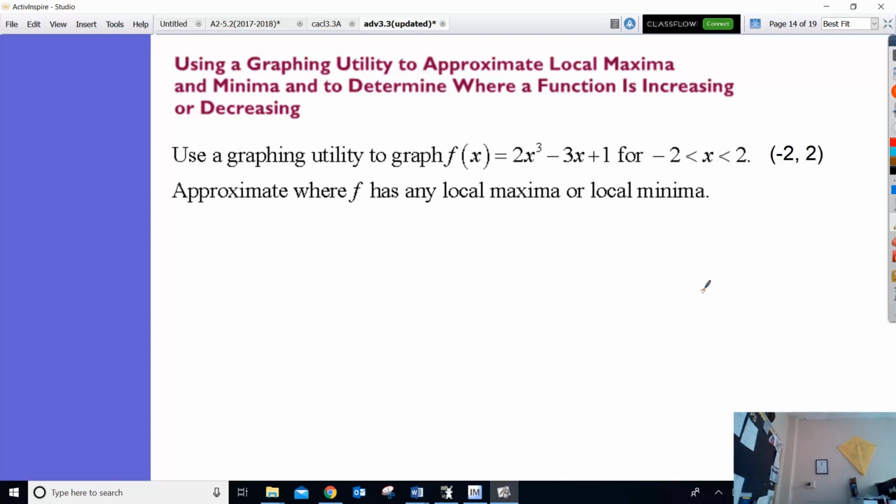Get that together. And notice it talks about where x is negative 2 to 2. What do you set that at?